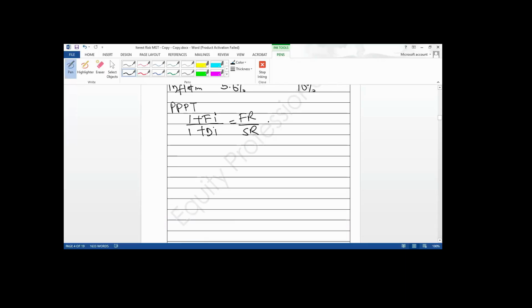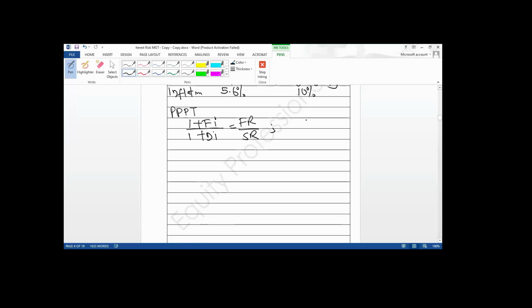You can do it like this. One plus foreign inflation, the inflation in the foreign country, 1 plus 0.1, over 1 plus domestic inflation, inflation in Nigeria, 0.056, is equal to Fr over Xr.